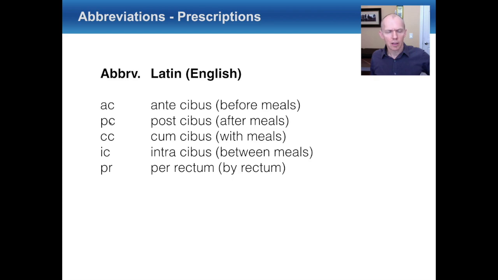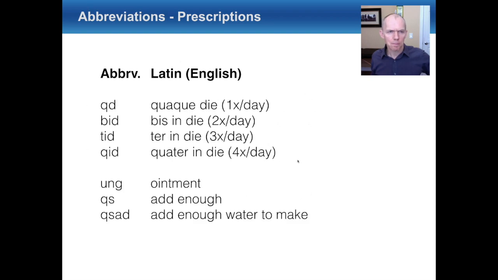Or if you said 1 tablespoon CC, that means 1 tablespoon with food, okay? If you want to take it on an empty stomach, it would be, let's say, 5 drops or whatever it may be. IC is between meals. So that would be an example.